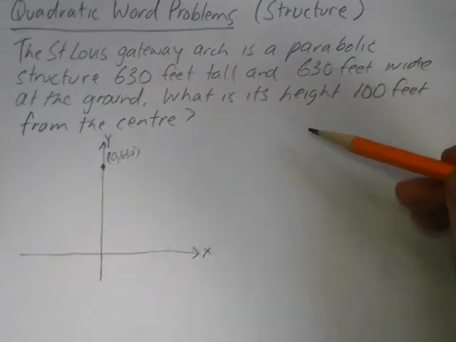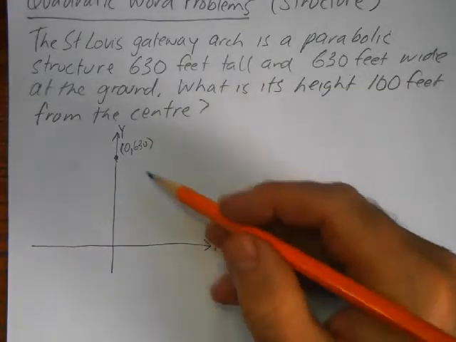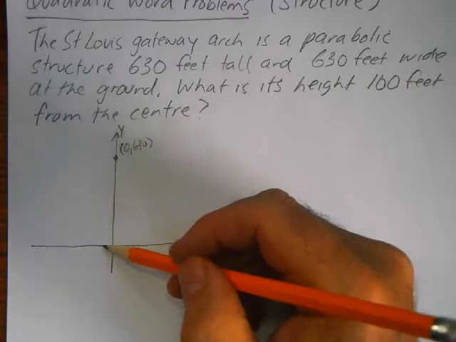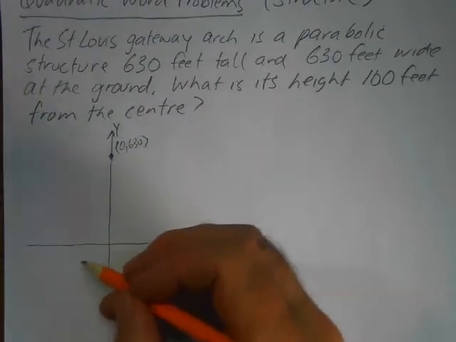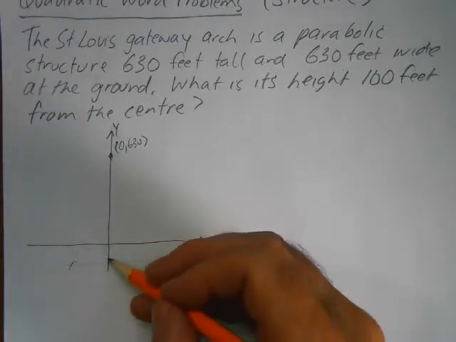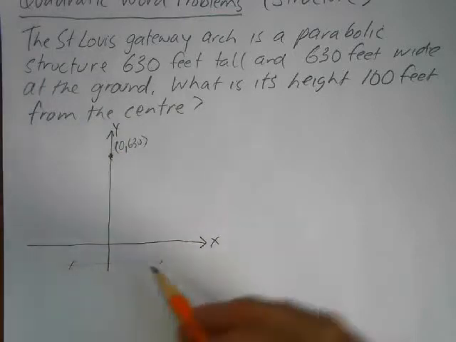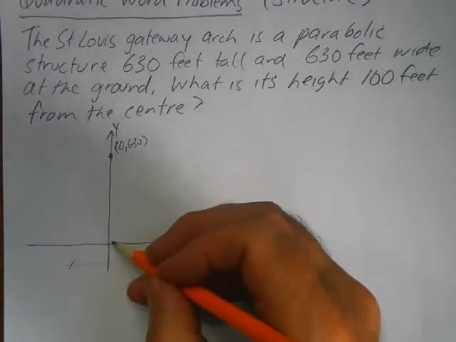The other part is that it's 630 feet wide. Now, since I've drawn it this way, it's basically going to be 630 that's centered at the y-axis. So that means half of that distance will be on this side and half will be on this side.